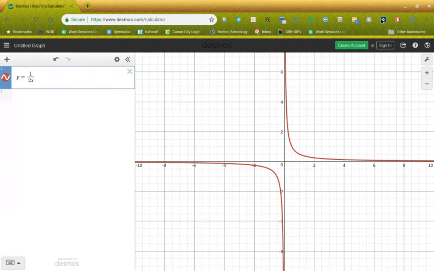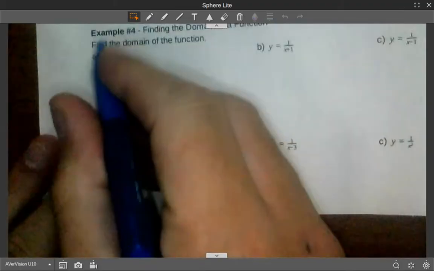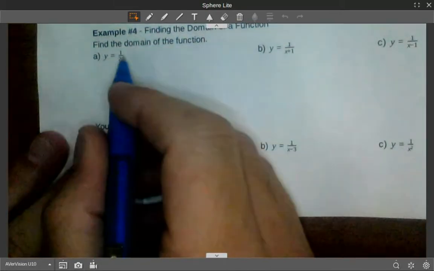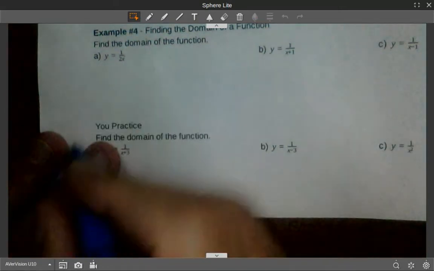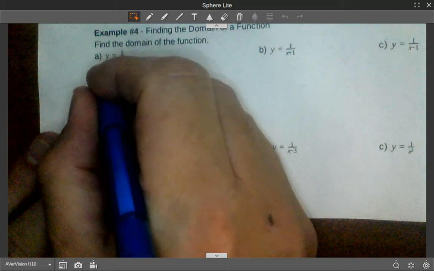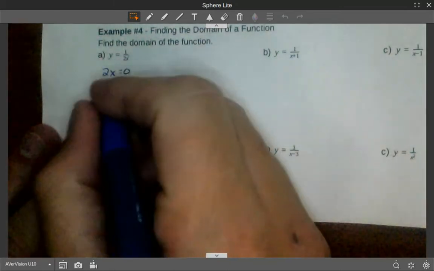Now why is this the case? Well, the reason why this is the case is because if I look at this graph and I have y equals 1 over 2x, I know that the denominator, which is my bottom number, cannot be equal to 0. We cannot divide by 0. So if I set the denominator equal to 0, that cannot happen. So I want to figure out that one number where the denominator cannot be.